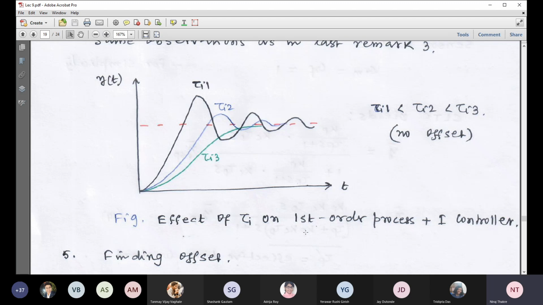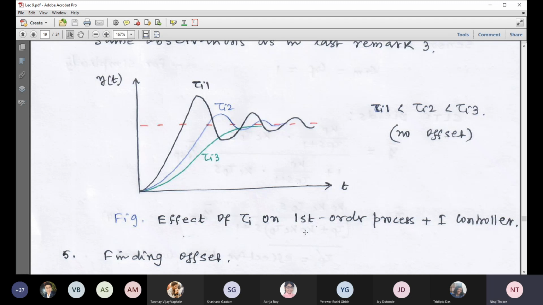Anyone else got the value? J 30008 got the value for the offset. Yes, sir. How much? 0. Yes.